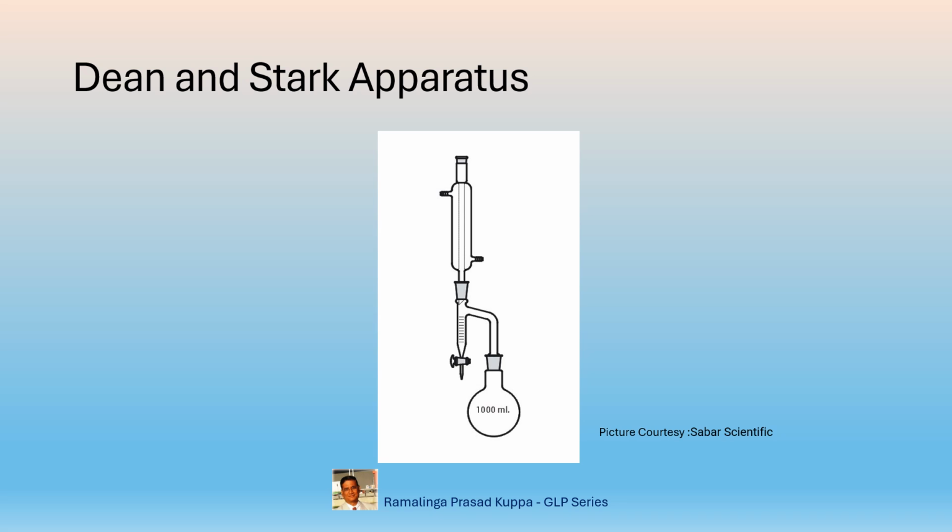Since the water and toluene are immiscible, they will tend to separate as two layers. Continue the distillation until there is no increase in the water layer in the burette. Measure the water layer. This will give you the water content of the mixture in the round bottomed flask.